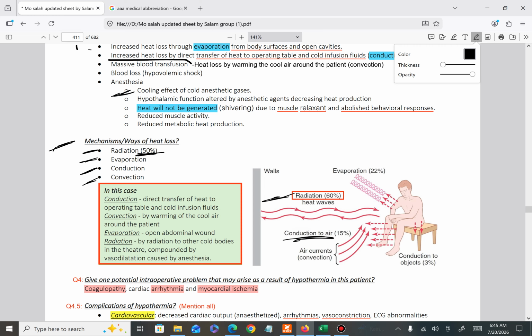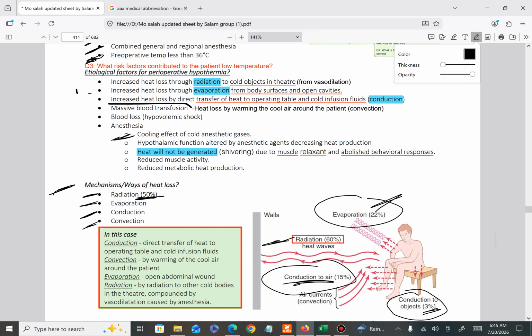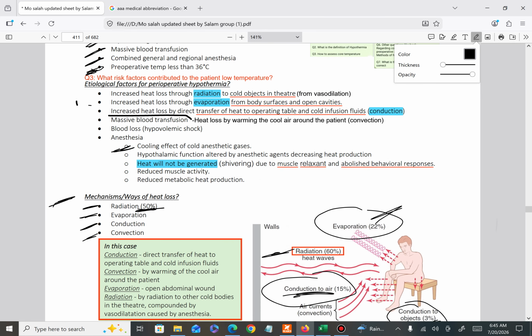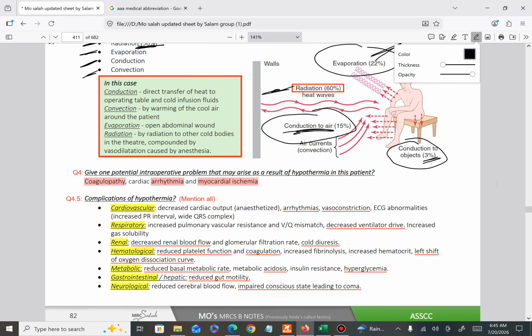Convection to air is 15%. Conduction to objects like the operation table makes 3%, and evaporation makes 22%. Evaporation is the loss of heat from body surfaces or open cavities.